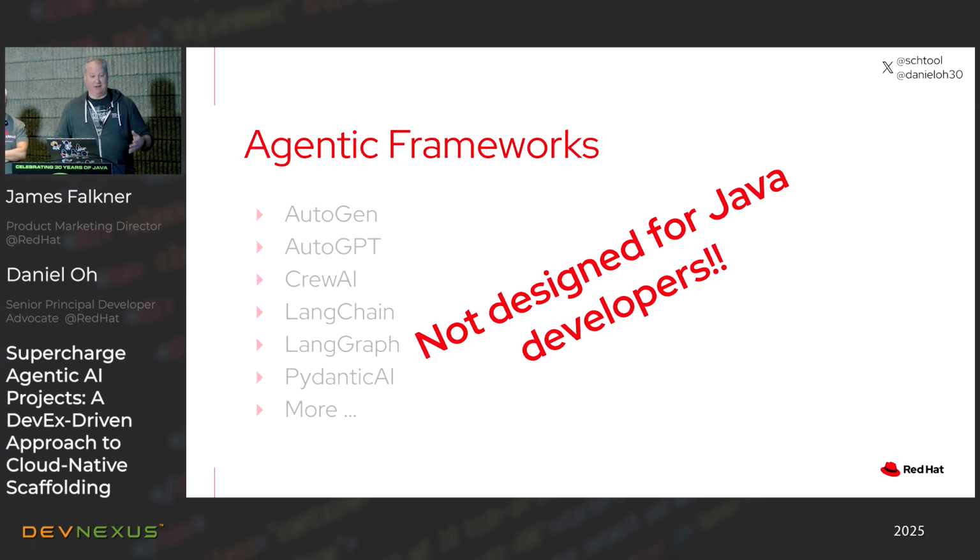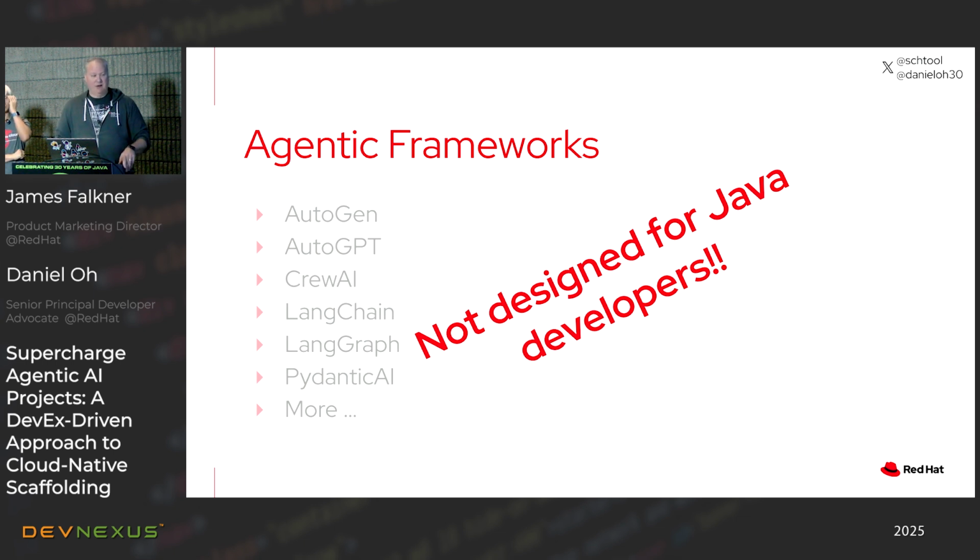Pydantic AI is obviously Python, and LangChain and LangGraph are all primarily designed for Python developers. Now there are some other frameworks for Java, things like LangChain4j, and probably frameworks for .NET that I'm not currently aware of, and there are frameworks for other languages as well.